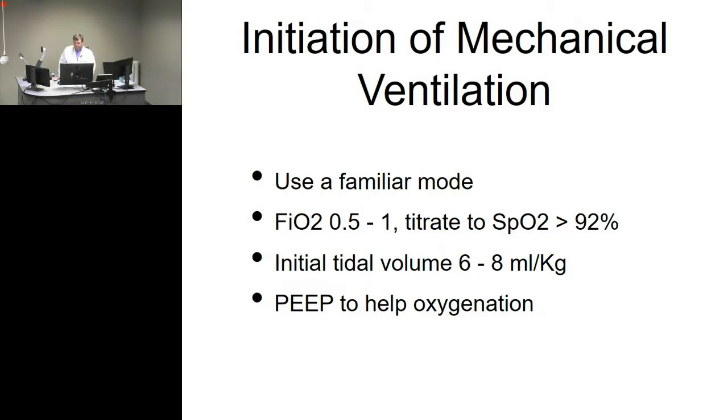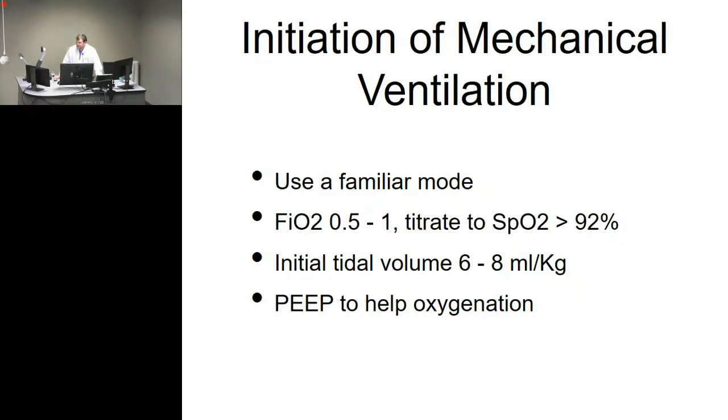And then I'm going to hammer in one important point on that. You have a 230-pound, say, person, so your tidal volume is going to be about 2 liters, right? That doesn't sound right. So where's the important caveat of this? 8 mils per kilo, and that's ideal body weight.